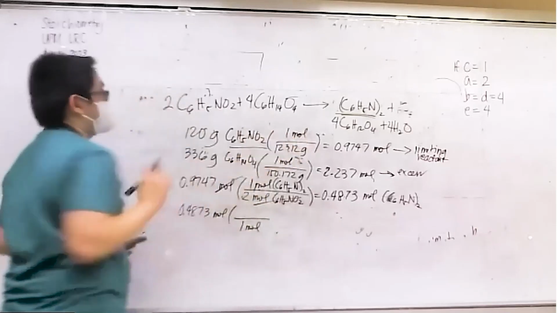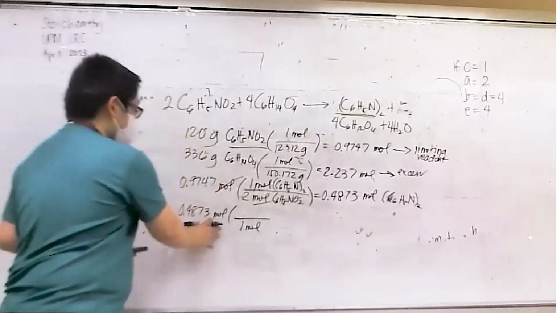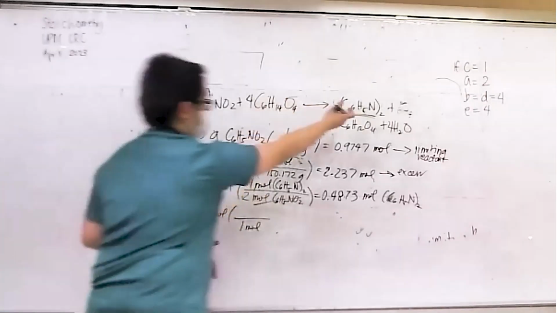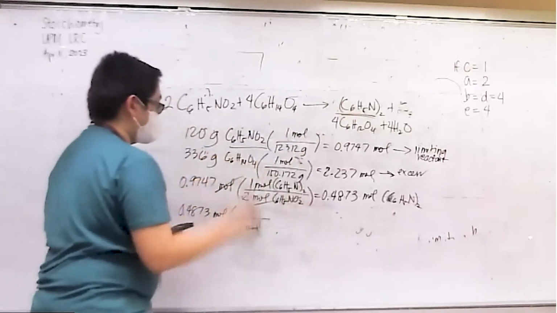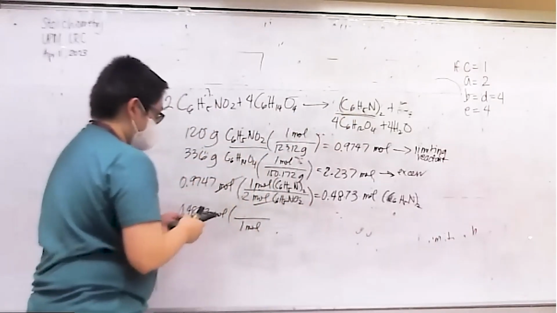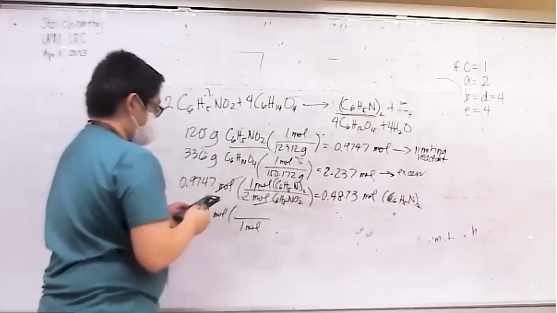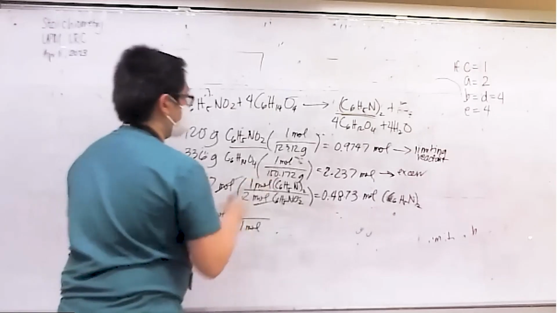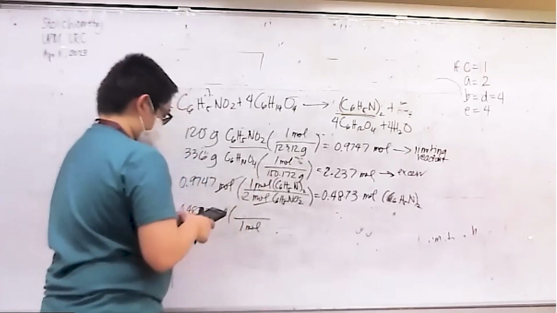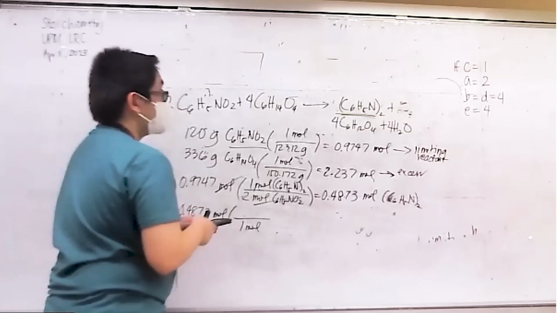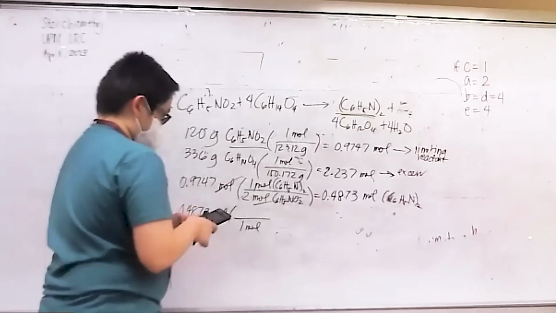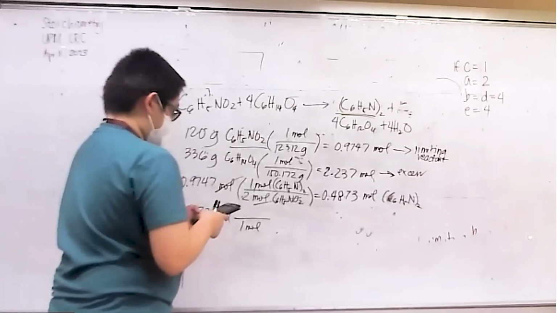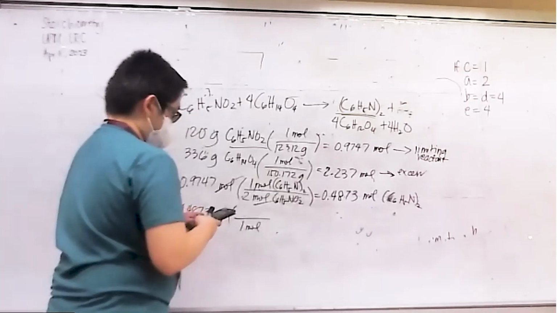Since grams is what was given as the actual yield, we convert this to grams of azobenzene to get the theoretical yield. So the molar mass is 0.1271 plus 5 times plus 14.3.